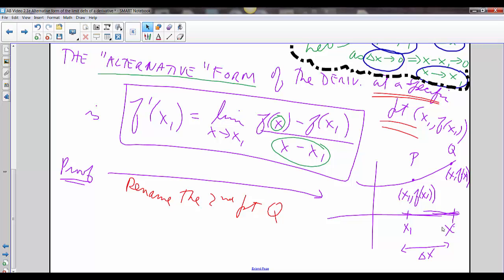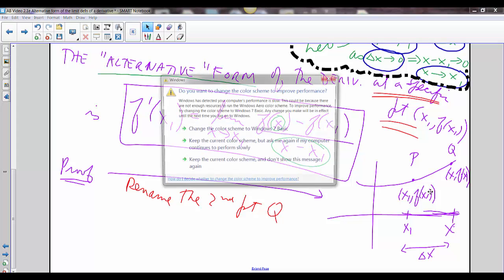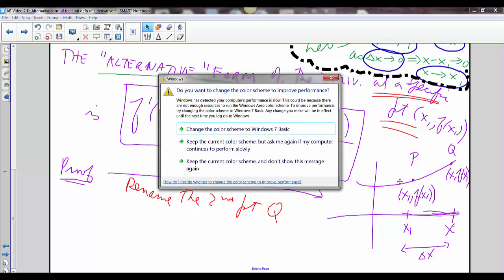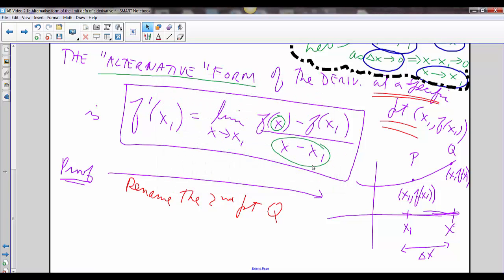If you let x get closer and closer to x1, it's equivalent to delta x going to 0. And again, this is basically the slope, which is y2 minus y1 over x2 minus x1.